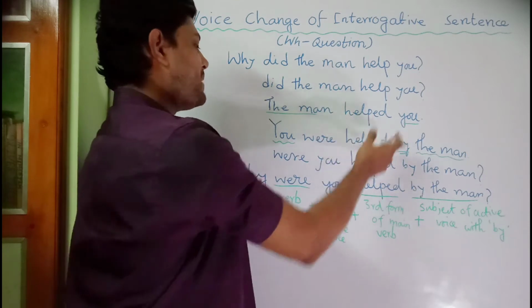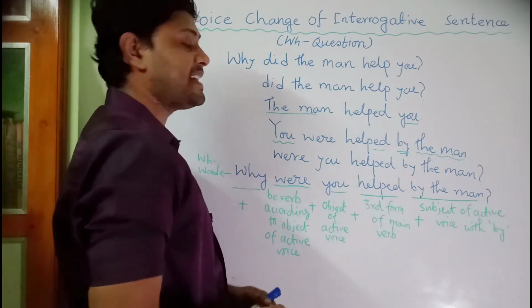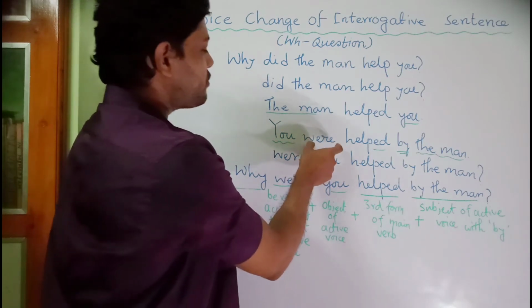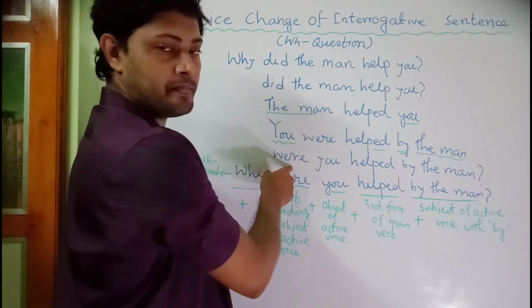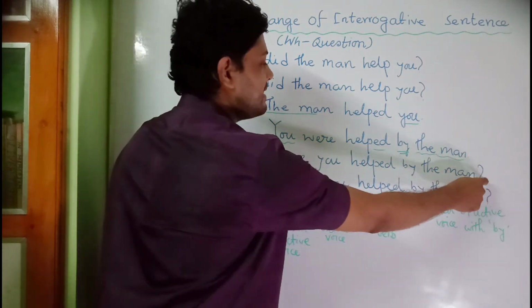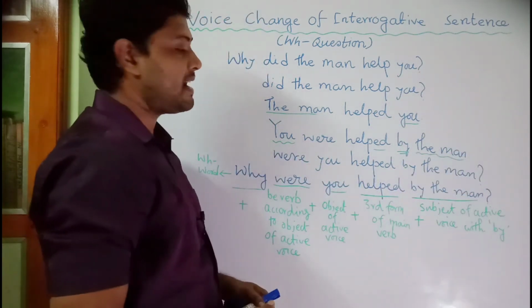So it has become a passive voice, and we know that the next step is to make it a yes/no question again. And what is the process? We have to put the be verb at the beginning. So the sentence becomes were you helped by the man, and the question mark at the end is a must.